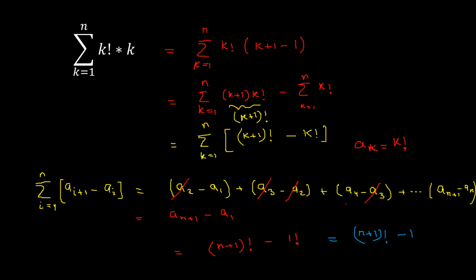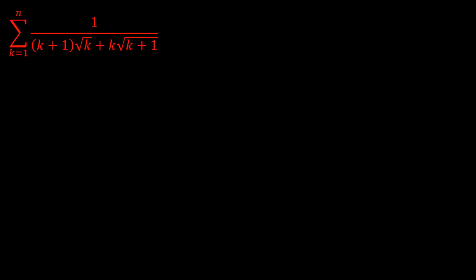Okay, so now we see the next one, which is this series. To find the sum of this series, first of all we rationalize it by multiplying by k plus 1 times square root of k, plus k times square root of k plus 1, in the numerator as well as in the denominator.